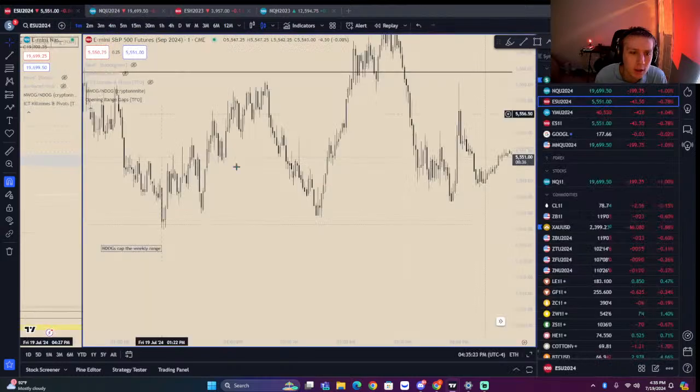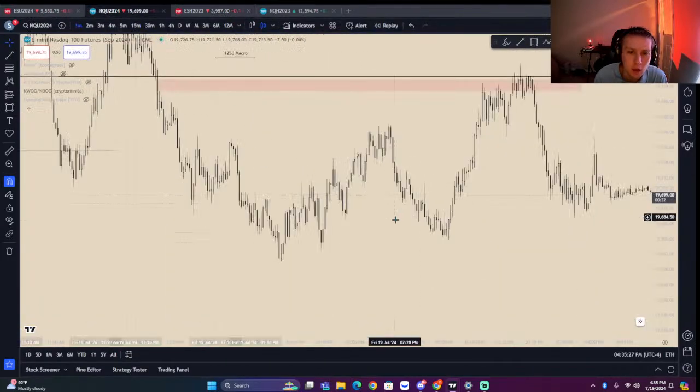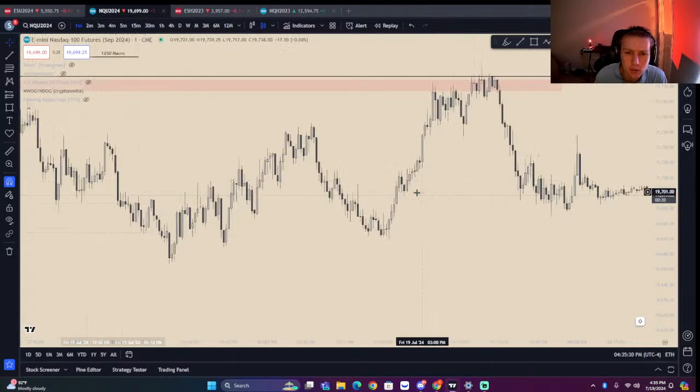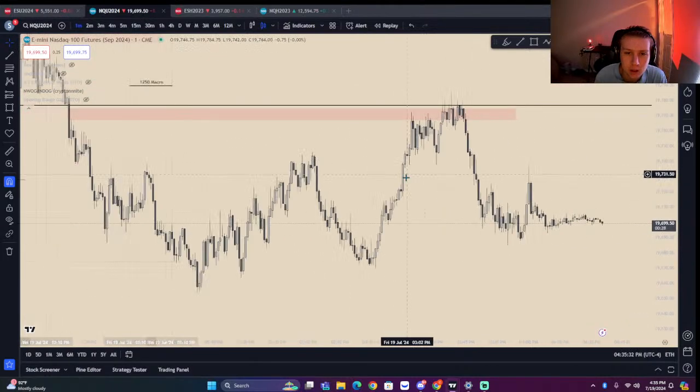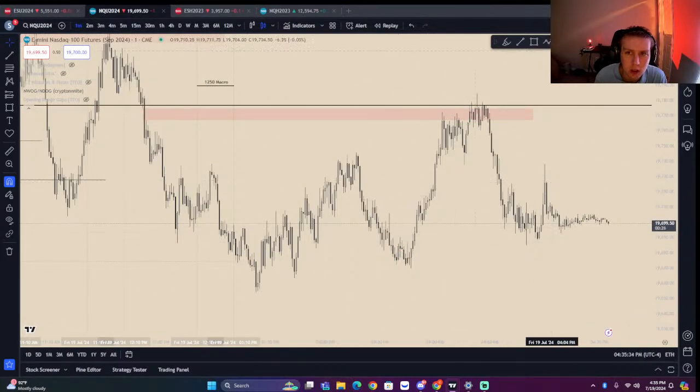Kraken correlation right there. Generated liquidity. Kraken correlation. 2:50 macro distributes.